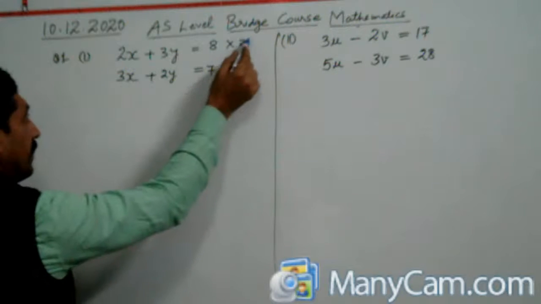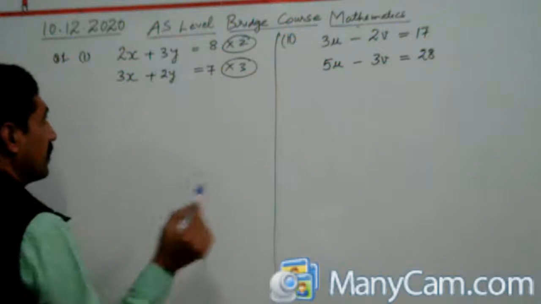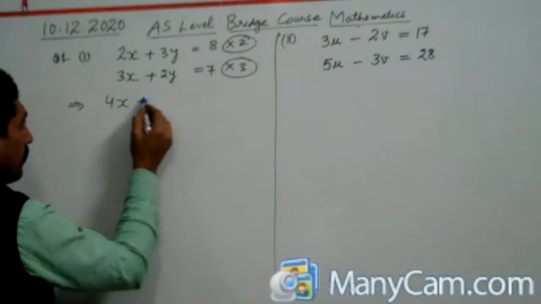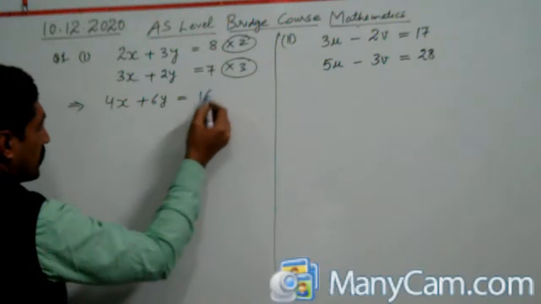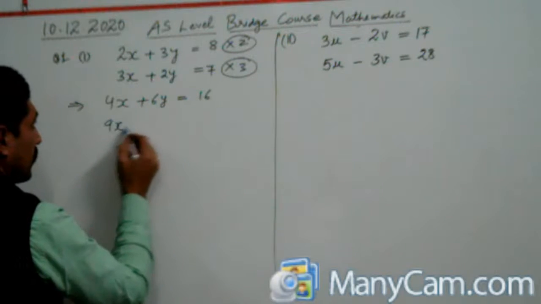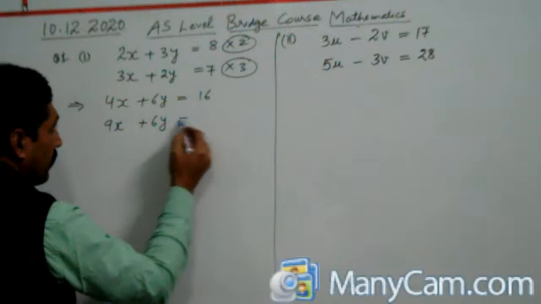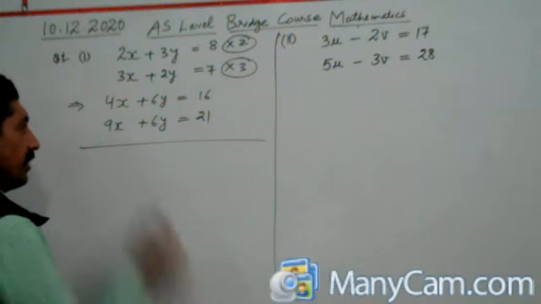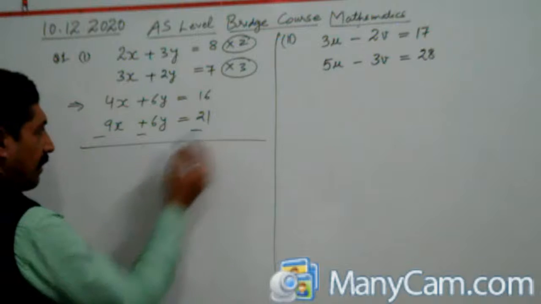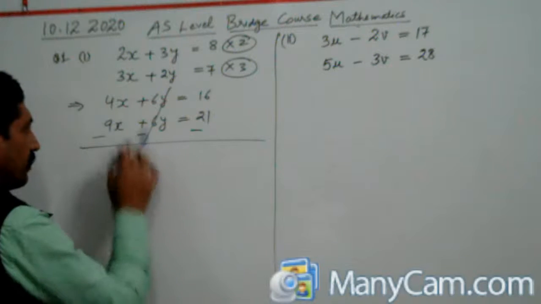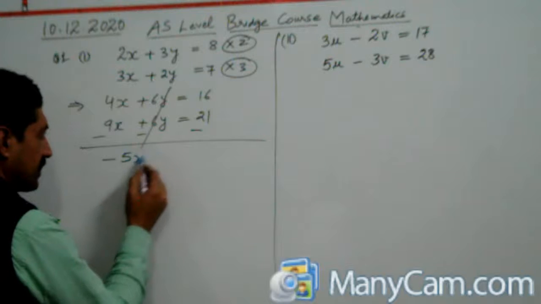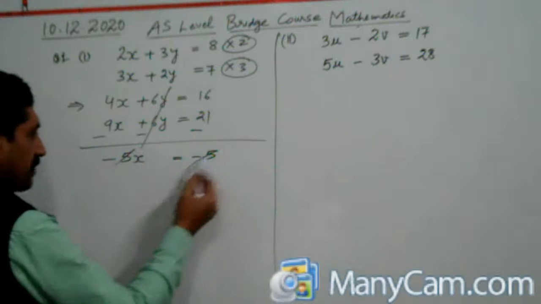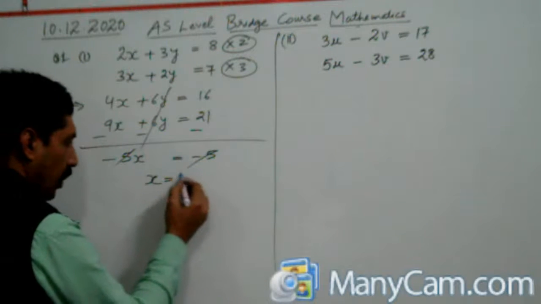So multiplying the first equation with 3 and the second with 2, what did we get? 4x plus 6y is equal to 16 and 9x plus 6y is equal to 21. Now what can we do? We can subtract one from another. We are left with minus 5x is equal to minus 5. So minus 5 and minus 5 get cancelled. The value of x is 1.